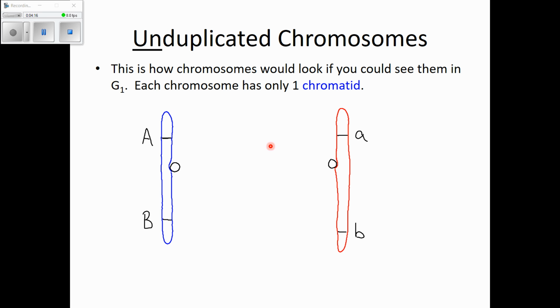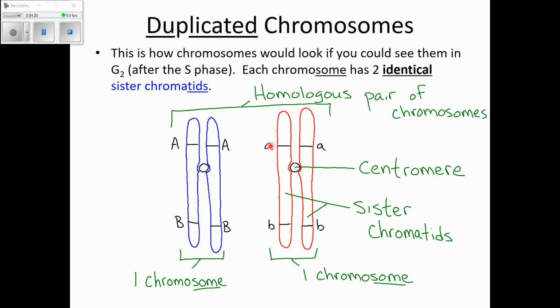But let's look. So here's the chromosomes I just showed you, and here's the same two chromosomes after they have been duplicated. This is still two chromosomes. But now each chromosome has two identical copies of itself because we're looking at the chromosomes after the S phase. The two identical copies that make up this chromosome are called sister chromatids. You can see I labeled them over here.